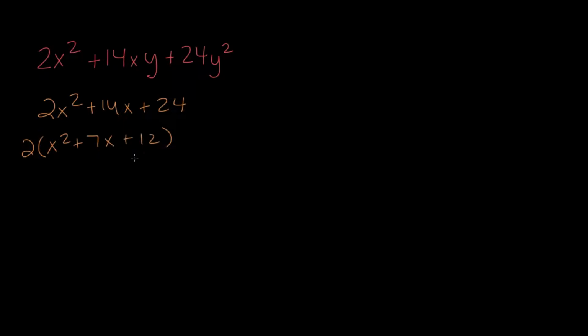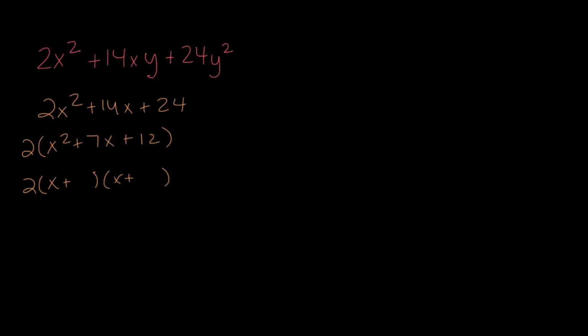So now we're left with 2 times x squared plus 7x plus 12. So now you factor out x squared plus 7x plus 12 as normal, and because both of the signs are positive, we know it's going to be in a form that looks somewhat like this, with both addition symbols here.